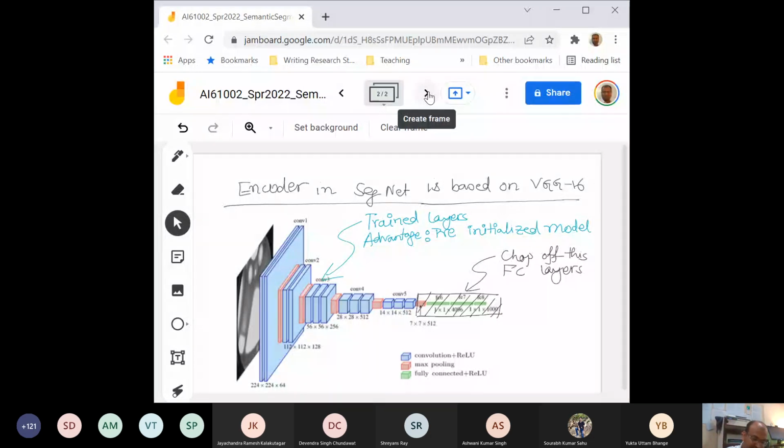Now, whatever comes from this last layer is the activation which goes to the decoder.